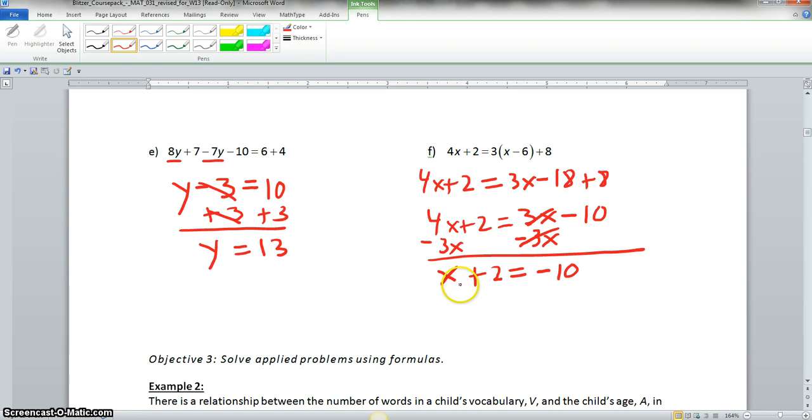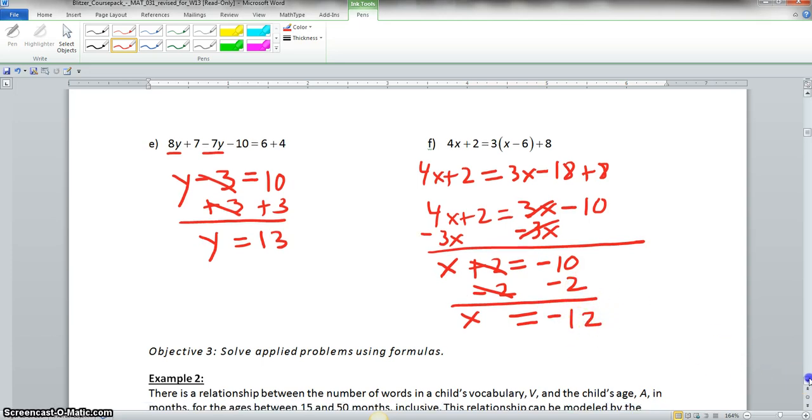Now we need to get the x by itself, so we'll take the opposite of a plus 2, which is minus 2. And we'll subtract 2 on both sides, so we will have x. These 2's would simplify out, and it equals negative 10 minus 2, which is a negative 12. And that is your final answer.